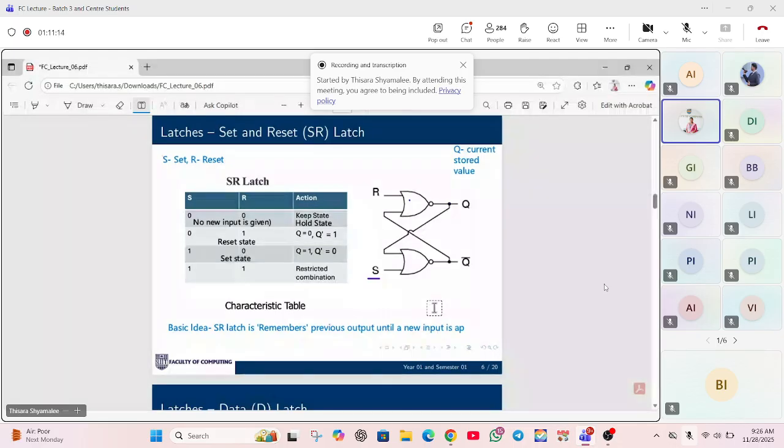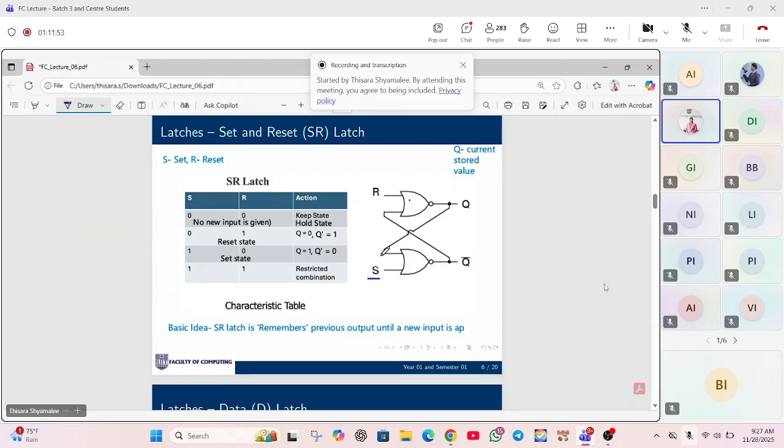Also by looking at this circuit, there are some difficult things we cannot understand, because here this output is connected to the top inputs, and likewise this output is connected to the bottom inputs. So there are some difficult things, so no need to worry about these things.